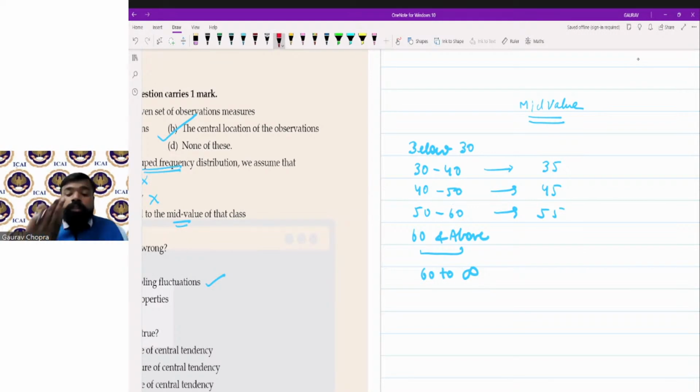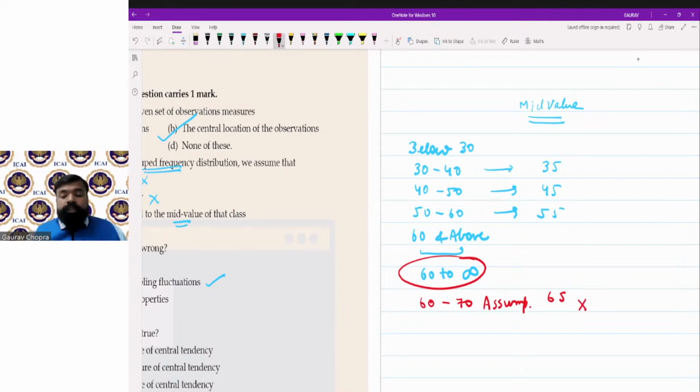In such cases, we have to assume that 60 and above means 60 to 70, and then we write the mid value as 65. But this is based on assumption, and this will not give the proper result. So whenever an open interval is there, median is the best measure. Why is median best?